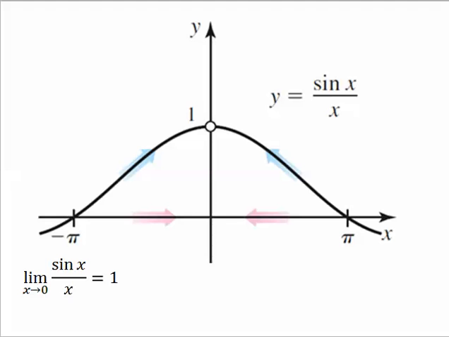Notice that I have sine x in the numerator and x in the denominator. So the angle of sine is going to 0, and the denominator is going to 0.